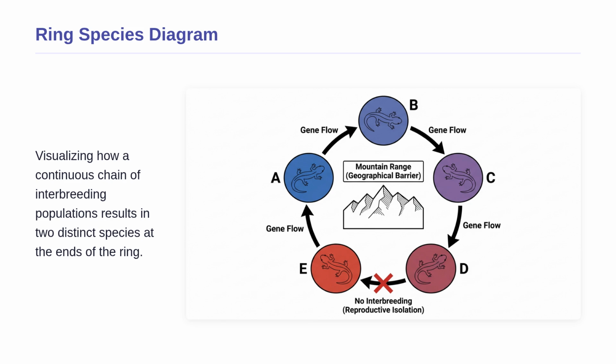You can also see a gradual color shift from blue to red, representing the micro-evolutionary changes along the cline. But look at the bottom, where population A meets population E. There is a red X, indicating reproductive isolation. Even though they are connected by a continuous chain, the ends have evolved so much they act like completely different species.